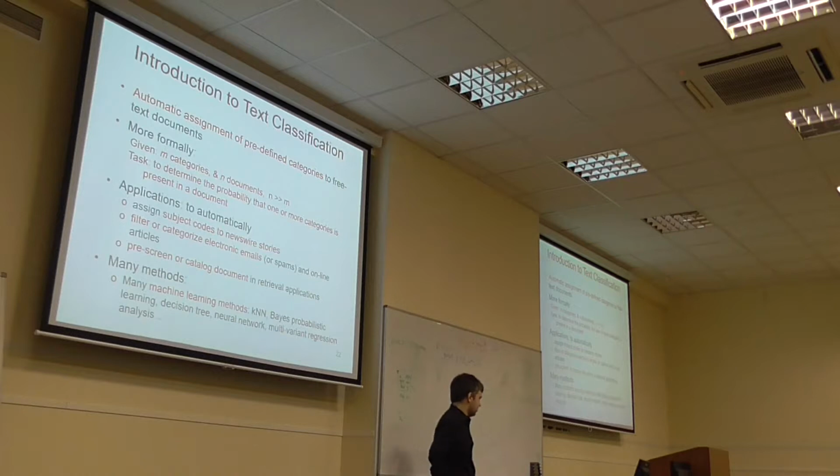And possible applications are, for example, aligning some subjects to some stories. Categorization of news. That's what Bloomberg actually does. They take all the news, feed it to 1,000 classifiers of different categories, and give you categories for each news item.